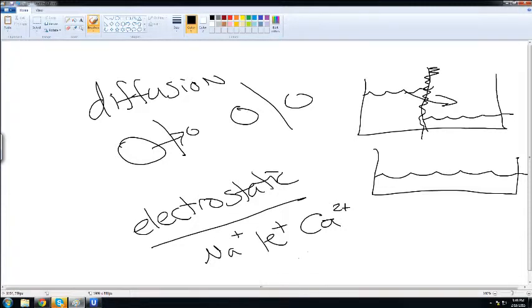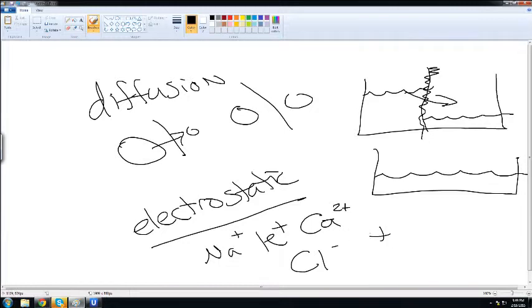Truth be told, you can have other ions as well that carry a negative charge, such as chloride, but we're not going to worry about that right now. Electrostatic forces basically refer to the fact that opposite charges attract and like charges repel one another.